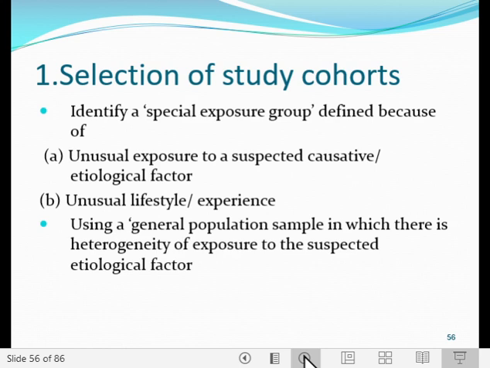That is, people are exposed to, say, fluoridated water where the fluoride is like 6 ppm, then there is heterogeneity of exposure to the suspected etiological factor among people who are staying in that locality.